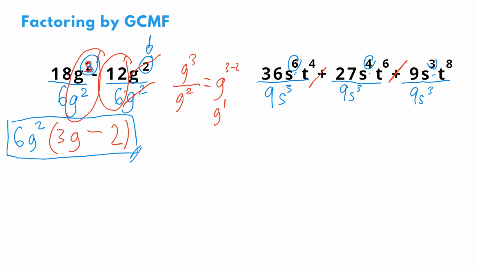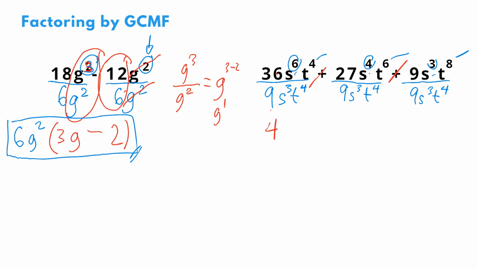Now, let's go with t. All three terms have t, right? But let's check the power. We have 4, we have 6, we have 8. What's the lowest power? Of course, it's 4. I hope you can still follow that one. Now, let's continue. Let's divide already. 36 divided by 9 will give us 4.